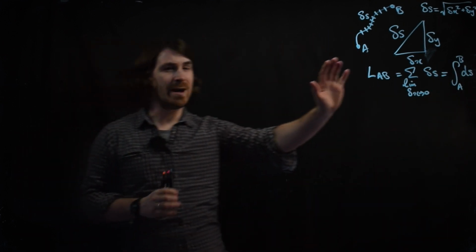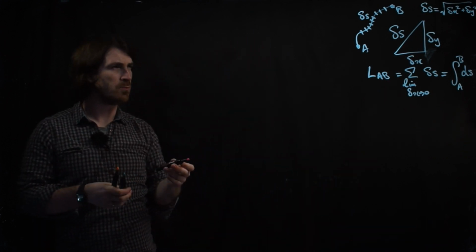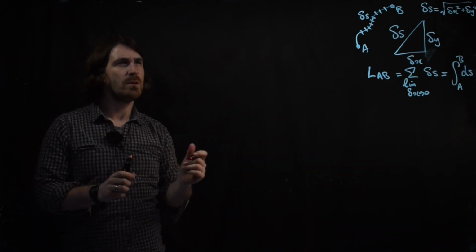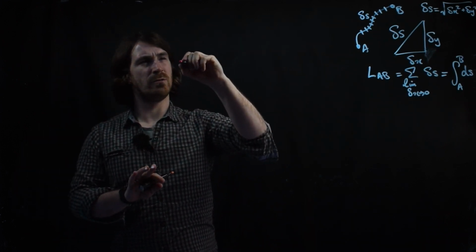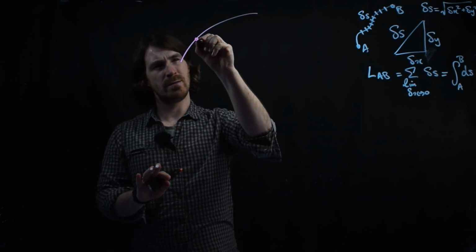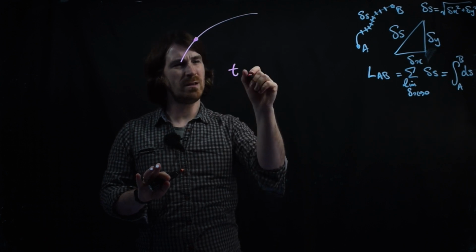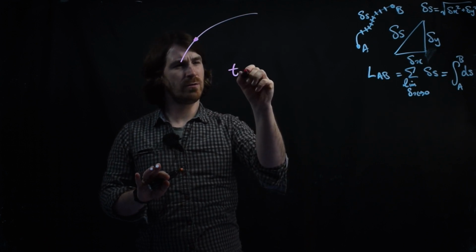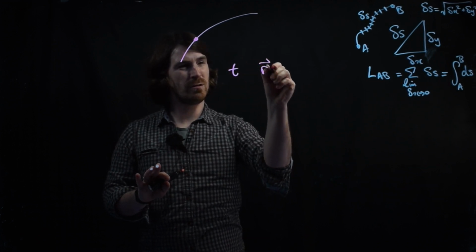So that's a bit of a hand-wavy, intuitive way to look at things. We can make it a bit more formal. So let's think about a curve. Here's a section of a curve, and let's think about at time t. At time t, the point on the curve is r of t.